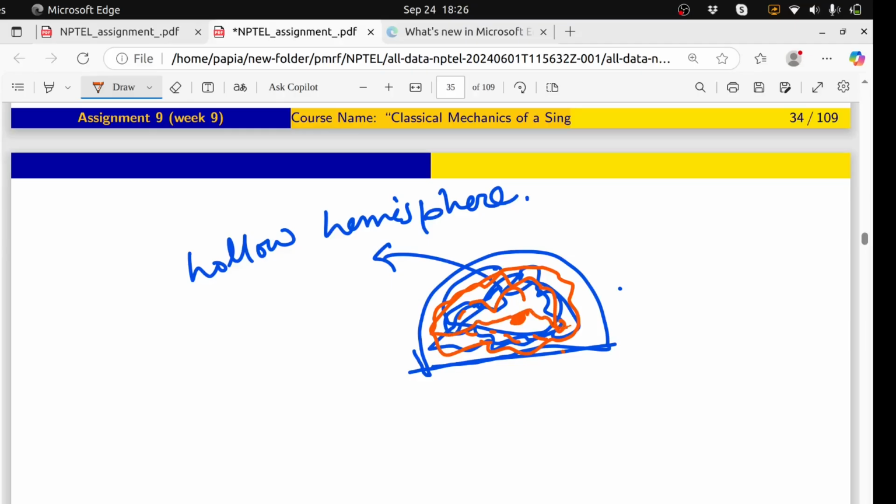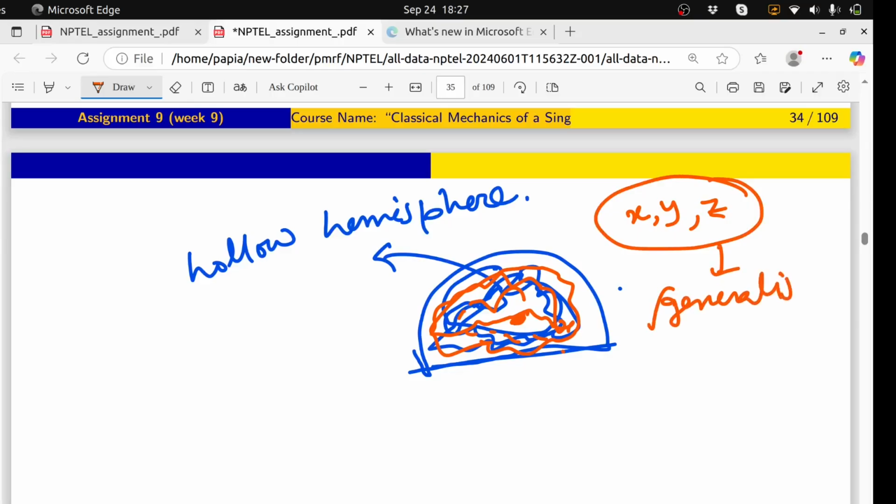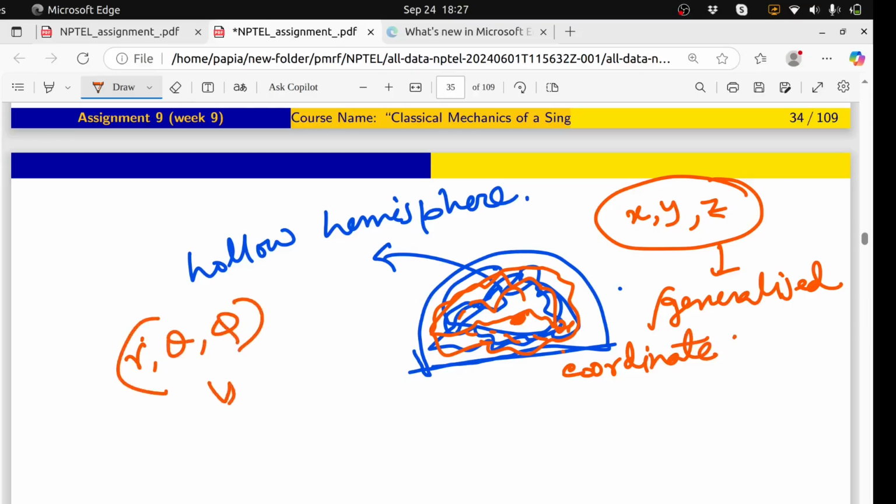So that means we can have x, y, z, these three as generalized coordinates. Or I can simply write r, theta, phi. These three are also generalized coordinates.